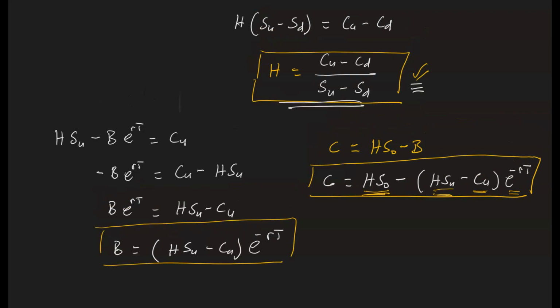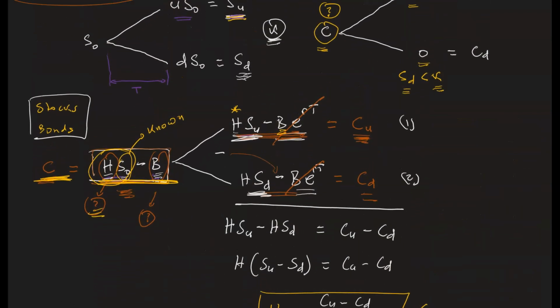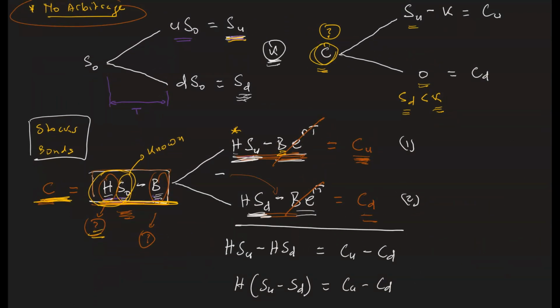It comes from the assumption that we don't know how to value the call, but we know how to value stocks and bonds. So if we create a portfolio of stocks and bonds, the portfolio is going to have h stocks and some bonds. The future value of that portfolio is going to be the future value of the stocks multiplied by the number of stocks that we have, plus the future value of the bond.